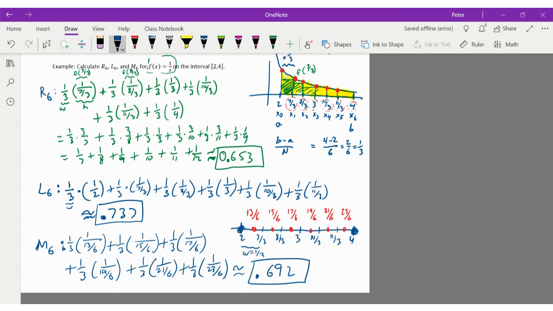Does that come out the same? Trying to think if that always comes out the same. Actually, no, it doesn't. That's an interesting point. It doesn't come out the same because let me give you an example of where it wouldn't.